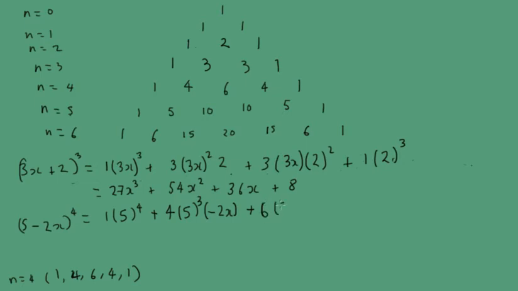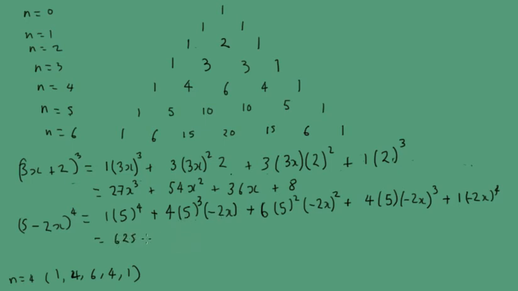6 times 5 squared times (minus 2x) squared, plus 4 times 5 to the power 1 times (minus 2) cubed, and then we've got plus 1 times (minus 2) to the power 4. Now we work all this out, we're going to have 5 to the power 4 is going to be 625.